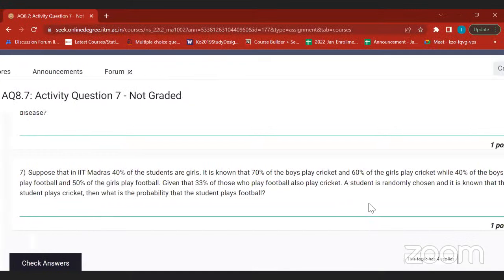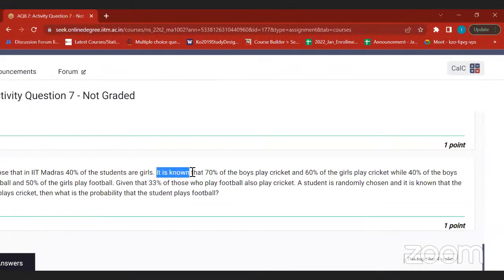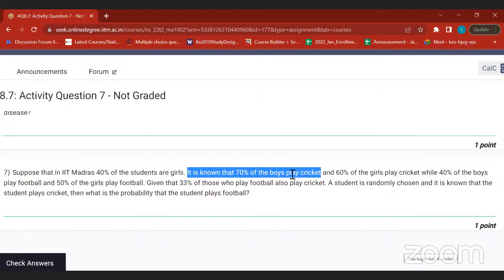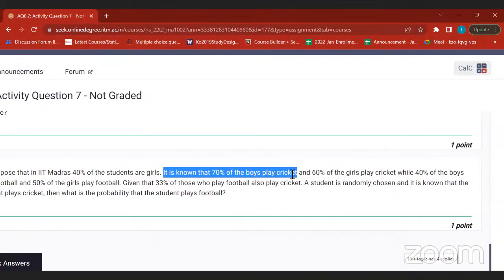So girls, and another would be boys, 0.40, 0.60, right? Next, it is known that 70% of boys play cricket, and 60% of girls play cricket, while 40% of boys play football and 50% of girls play football.